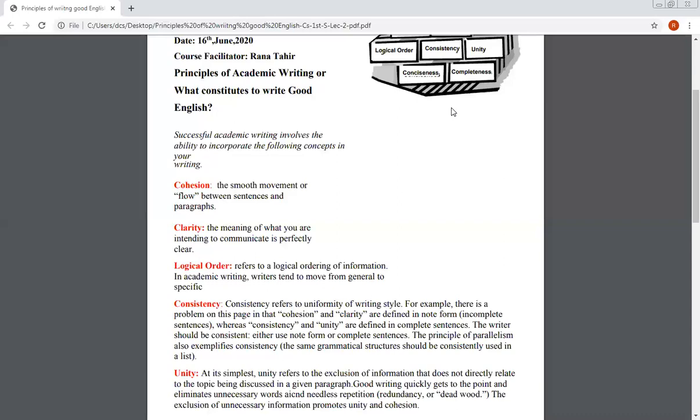Consistency can also be applied to restricting yourself to the specific topic that you have selected for your conversation. You are consistently writing about the same thing. Just to give you an example, you want to talk about your experience of visiting a hospital during COVID-19.